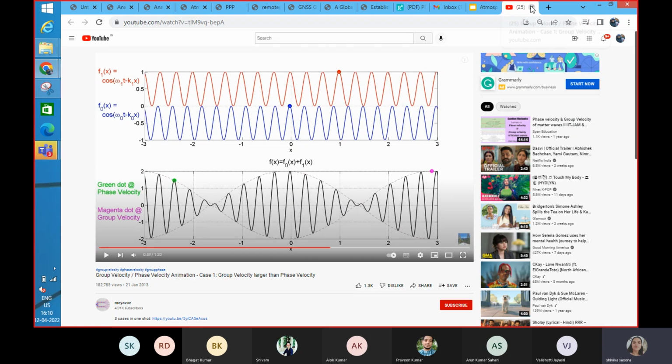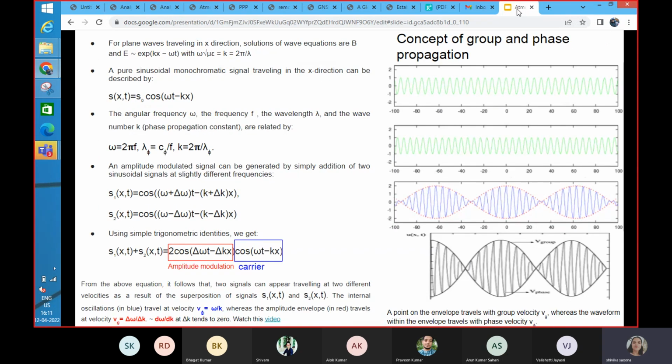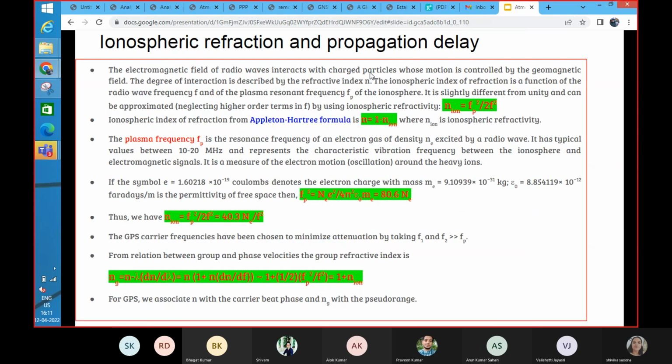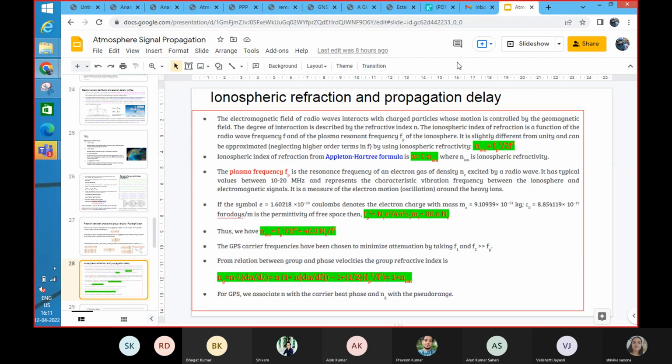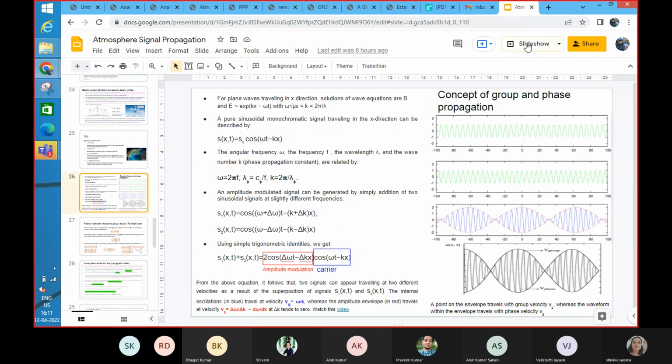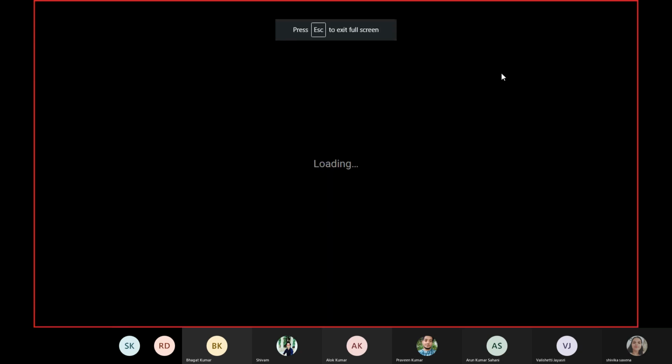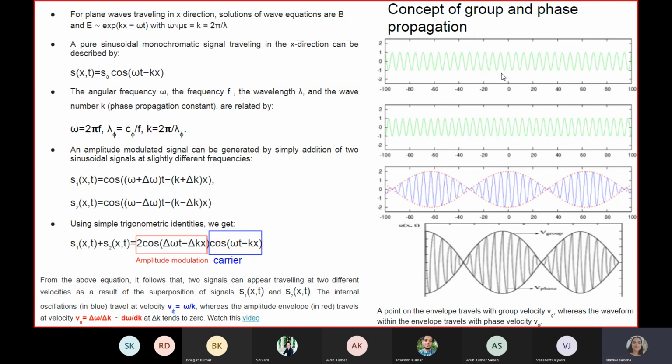Let's go back here. I hope you understood the phenomenon of two different propagations. One is traveling as a group, the outer envelope, and one is traveling as the internal oscillations in the blue.